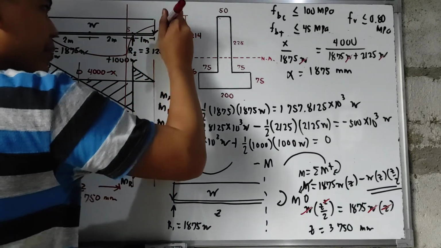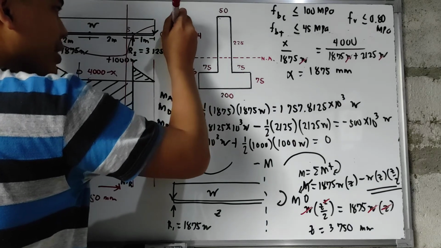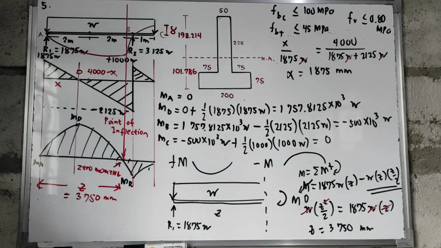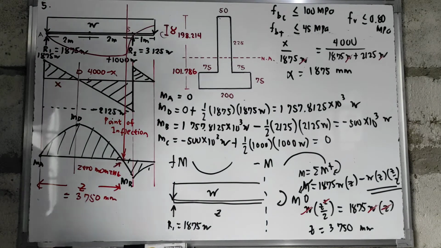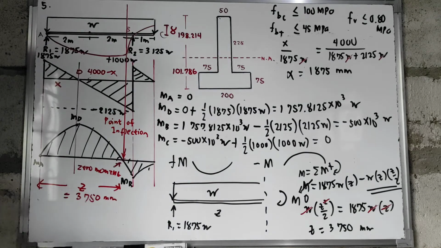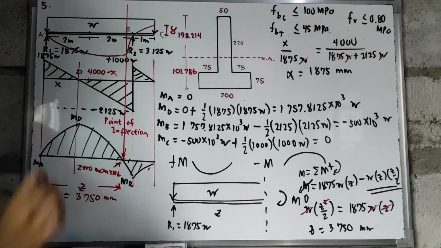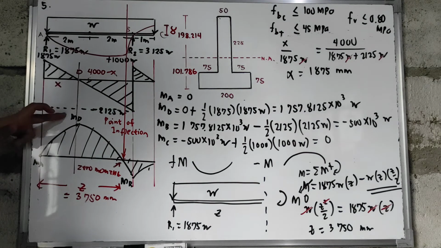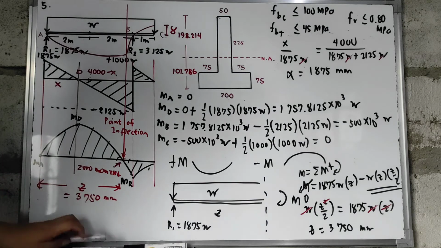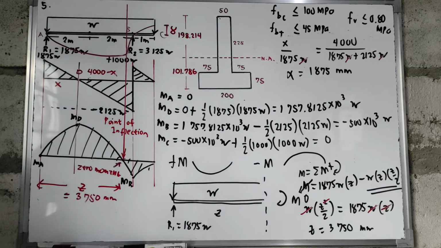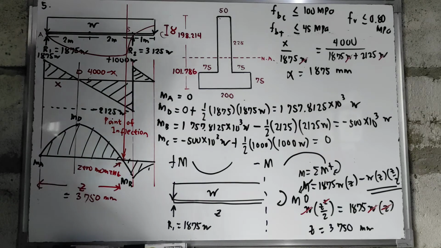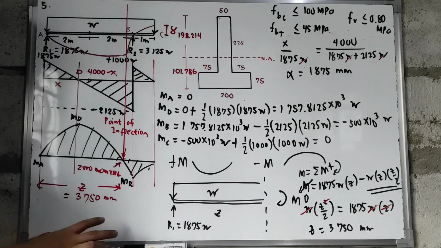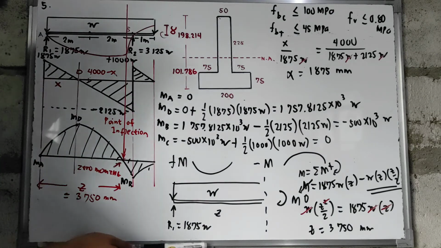So, meaning to say, nandirito yung deflection natin, which will be discussed sa theory of structures natin. So, meron kayong different methods to solve for the value of your deflection. So, ganun lang yung principle natin when we are encountering positive moment at saka negative moment. So, for the sake of discussion, we are going to consider etong dalawang moments natin.